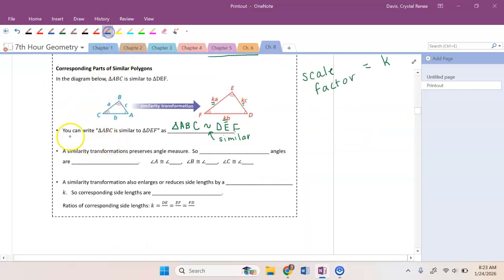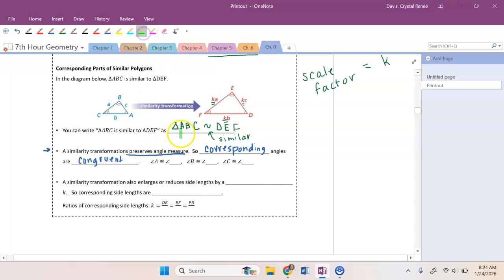So if we go down here, it says a similarity transformation preserves angle measures. Okay, what that means is the angle measures stay the same. Okay, the angle measures don't change. So even when it gets bigger and smaller, the side lengths change, the angle measures stay the same. So that means that corresponding angles are congruent.